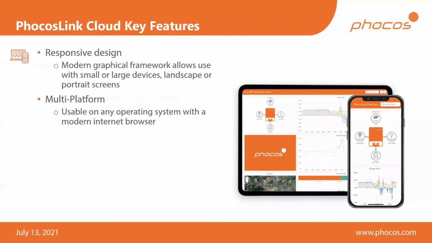I've already mentioned that the FocusLink Cloud is optimized to be used on multiple different screen sizes. So I think the most obvious part of that is the so-called responsive design. And what that simply means is that the FocusLink Cloud dashboard will see what your screen size is and will adapt itself accordingly.